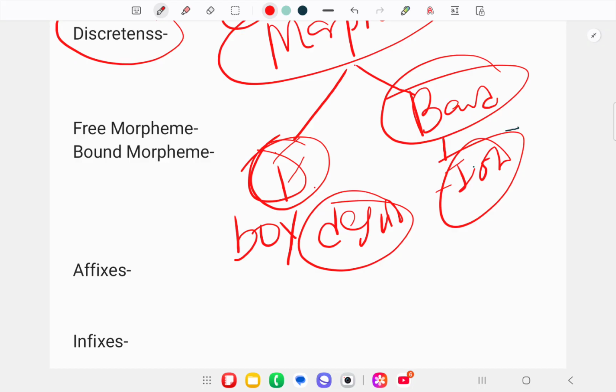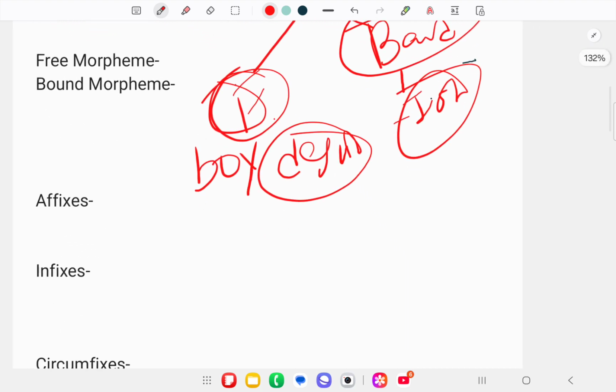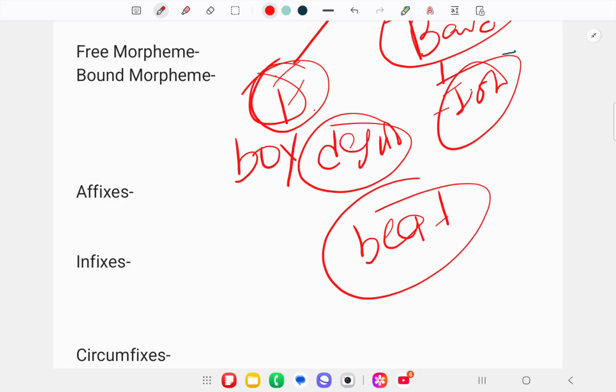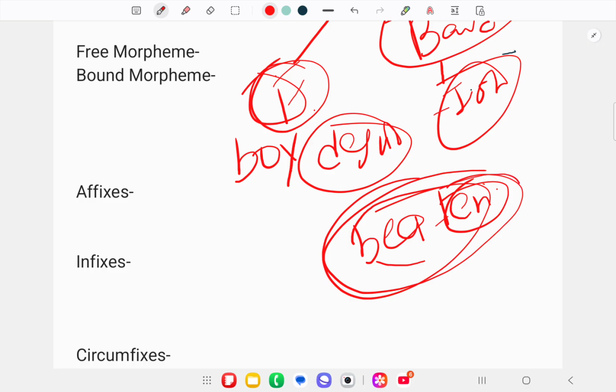And also we can say that a prefix always occurs before a morpheme. Like if I say beat, in the sense that you beat someone, but if you attach -en as the suffix, then this means beaten, in the sense that something happened in the past.